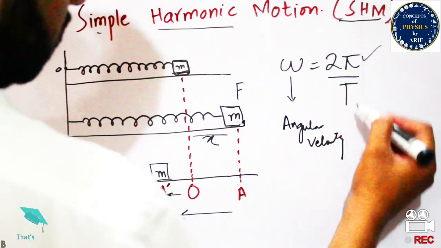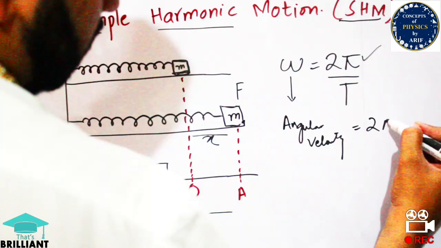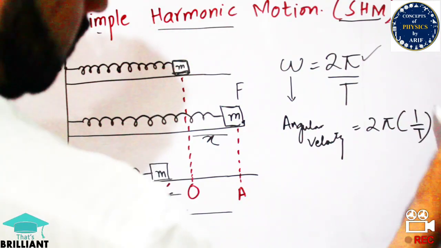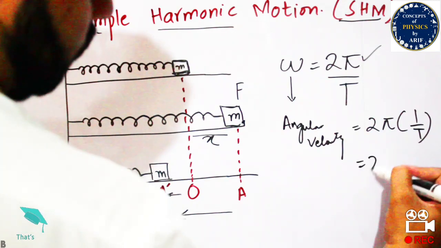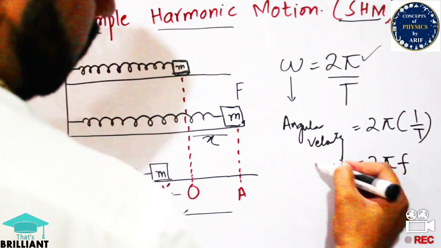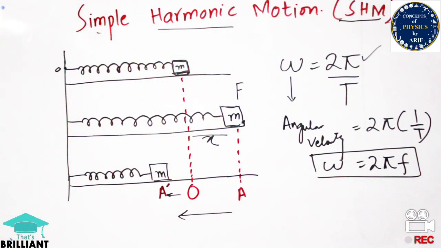Since the value of 1 over T is the frequency, angular velocity is directly proportional to frequency. So omega is equal to 2 pi f, and we can use this formula in other examples.